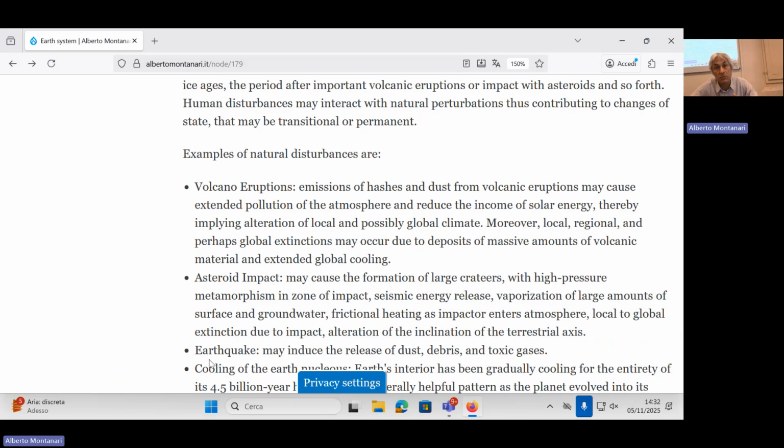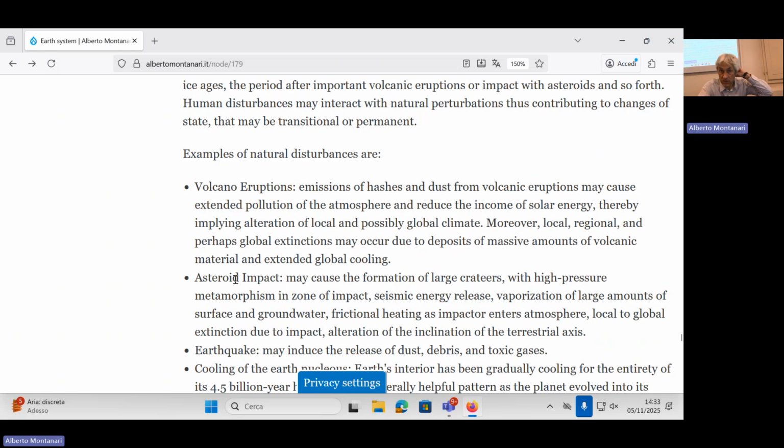And usually when we make models, we don't make models of earthquakes. We make a statistical model of earthquakes, but when we model the Earth system, we don't include these perturbations, which may occur, for instance, for a volcano eruption. It's another release of energy that was stored as potential energy inside the Earth and then is suddenly released outside. These are usually not considered, but an asteroid impact is absolutely not considered.